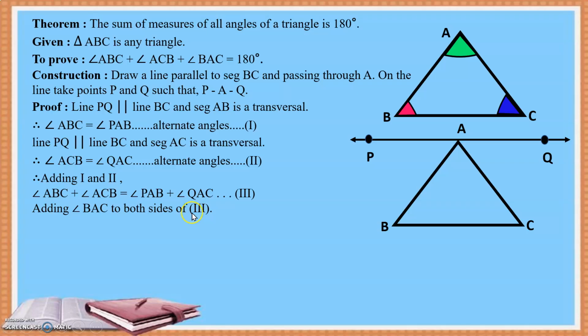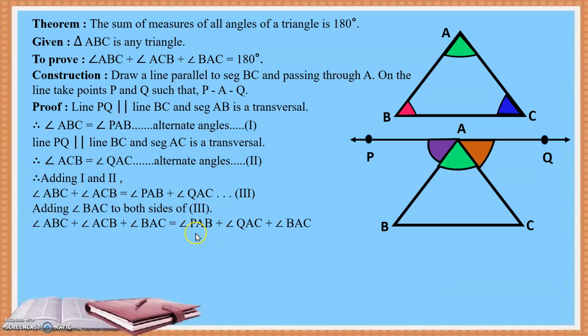Adding angle BAC to both the sides of 3, we will get angle ABC plus angle ACB plus angle BAC will be equal to angle PAB plus angle QAC plus angle BAC. That means to this step I have added BAC on both the sides. So this is what we get. So let us see this step in the figure. That is PAB plus QAC plus BAC.